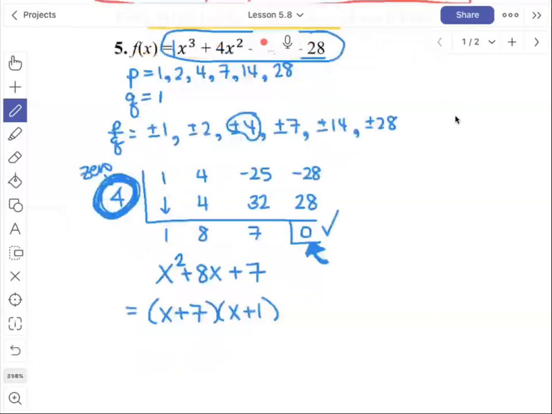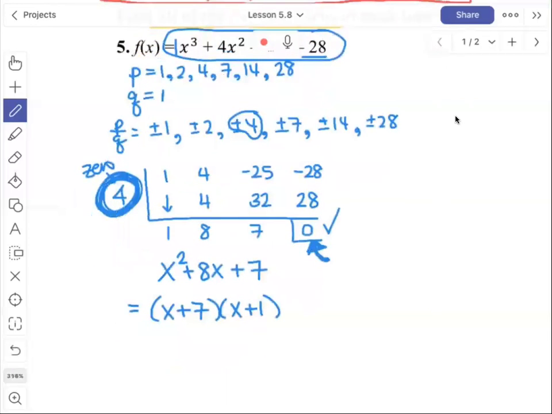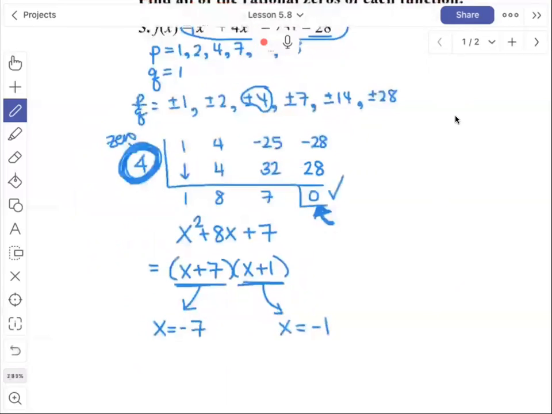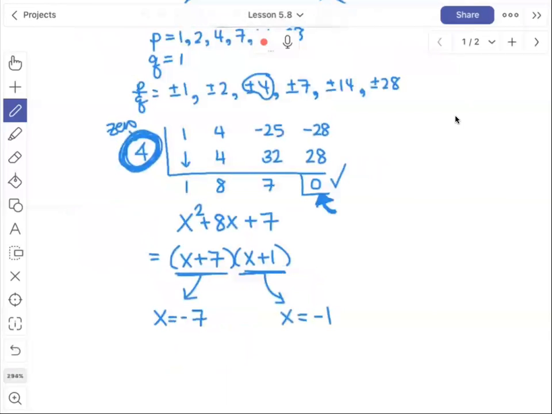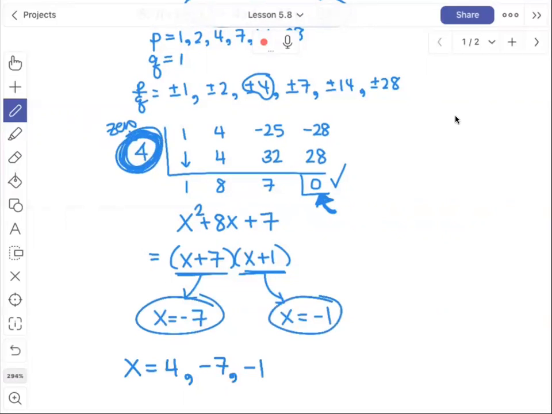Which means this is going to have a 0 at x equals -7. And this factor has a 0 at x equals -1. And those are all the zeros. x is 4, right? This one right here. x is -7. And x is -1.